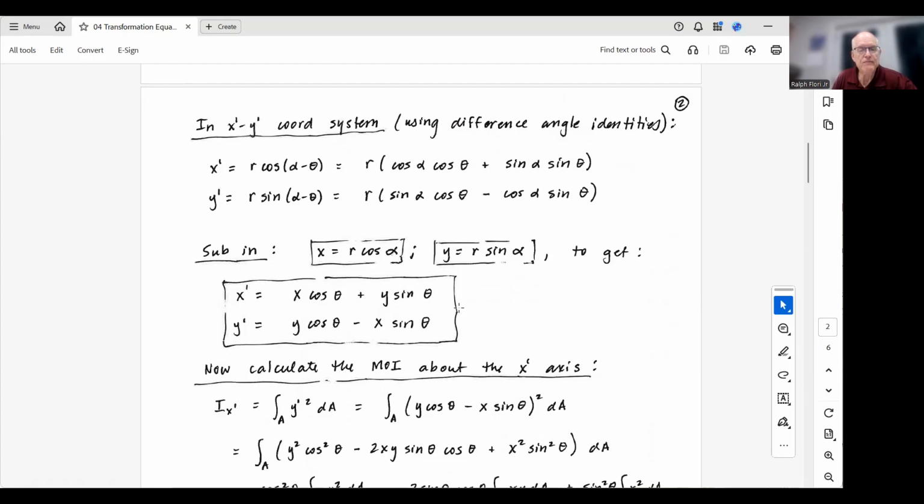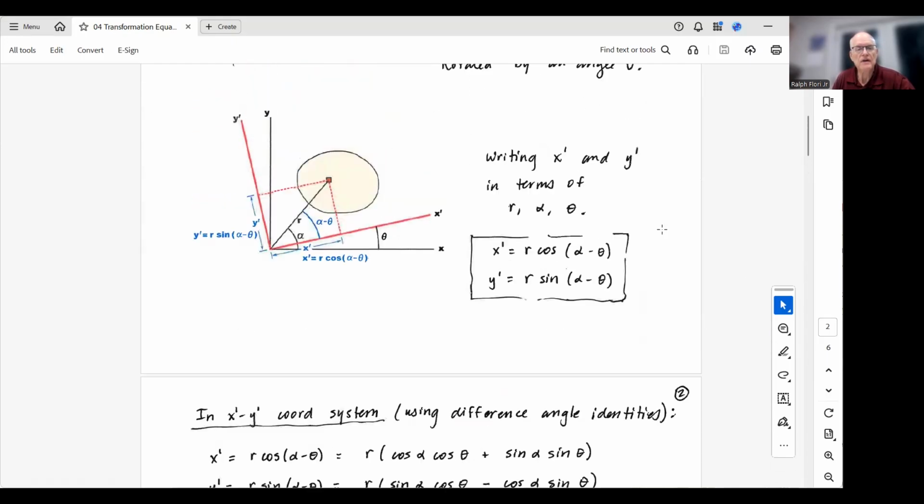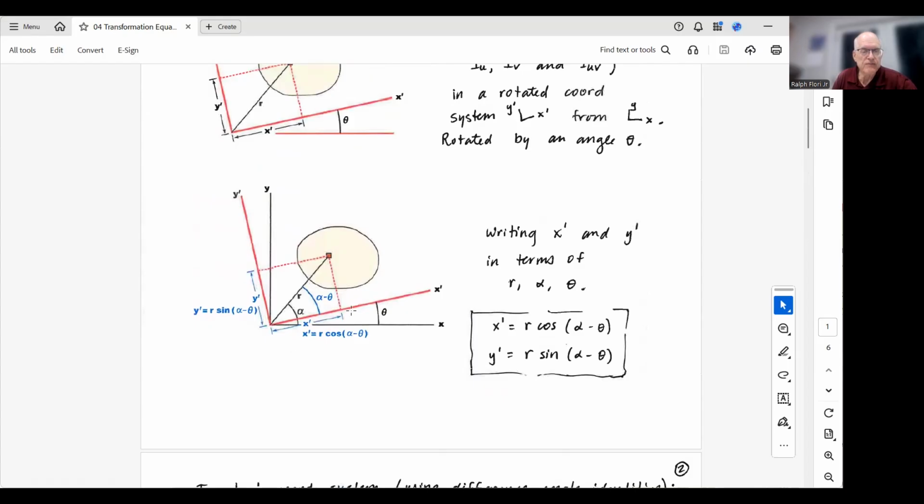So we've simplified our definitions of x prime and y prime, which again are our distances: y prime is the distance from the x prime axis to my dA, and x prime is the distance from the y prime axis to that point.